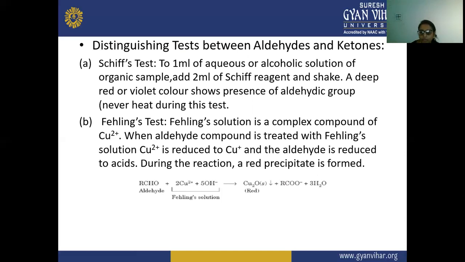So the addition of the Schiff reagent to the aqueous or alcoholic solution of the organic sample gives a red or violet color, and that shows the presence of the aldehyde group.